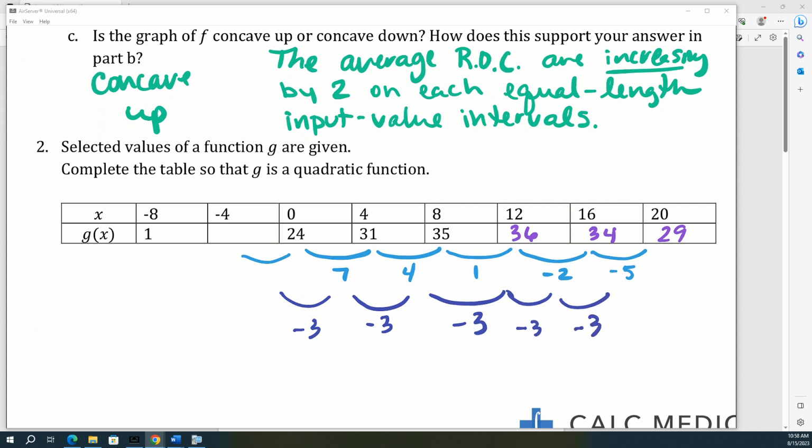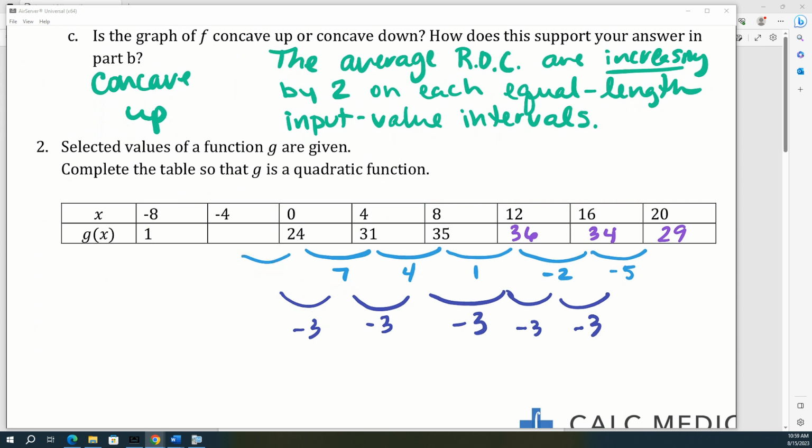Okay, so we needed a second difference of -3, which means light blue needs to go down by 3, which means inside the table needs to go down by 5. All right, and we're going to go the other way also. So to go from this light blue to this light blue, this first one needs to go down by 3.